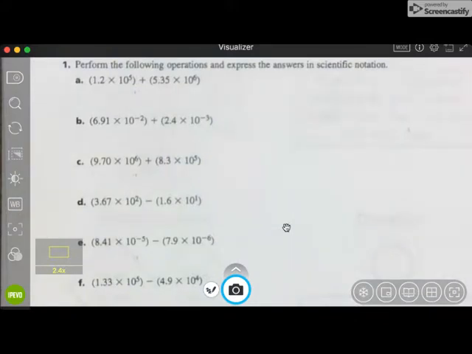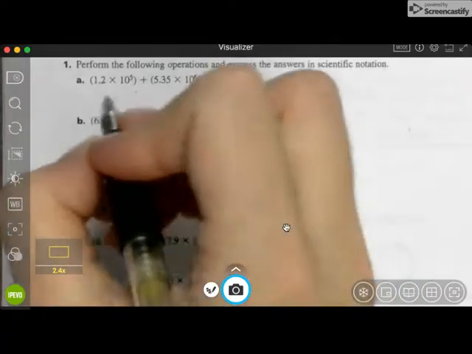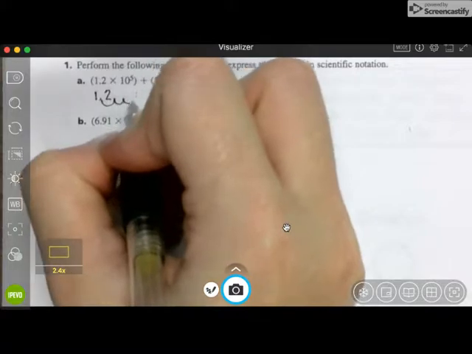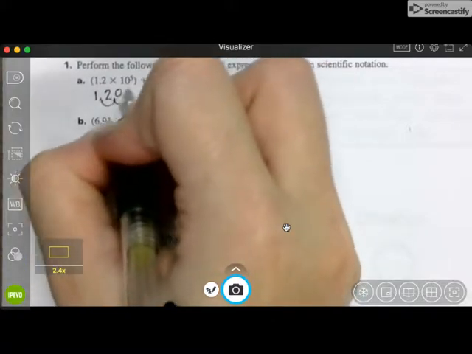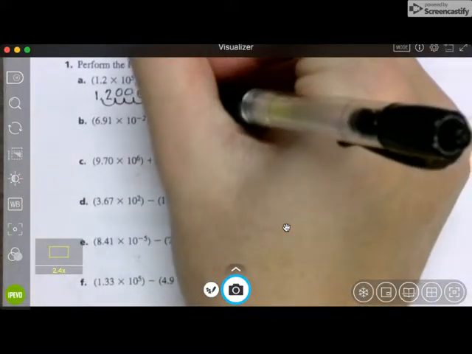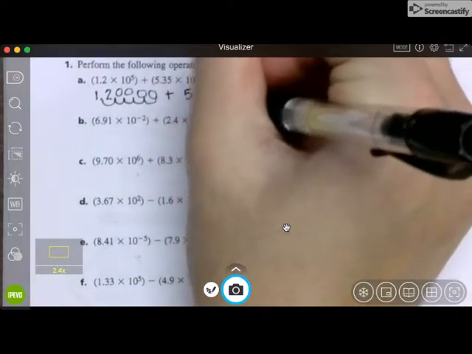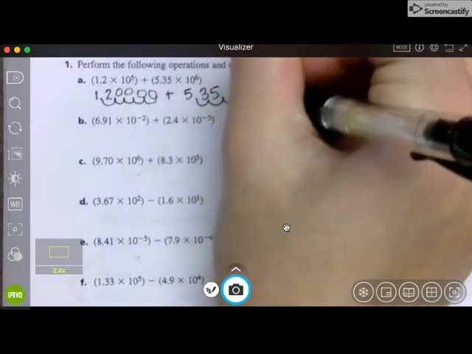So, again, sometimes it's just easier to put it all in standard form. So I'm going to have 1.2 and I'm going to move it 1, 2, 3, 4, and 5. I'm going to add that to 5.35, making that into standard form.